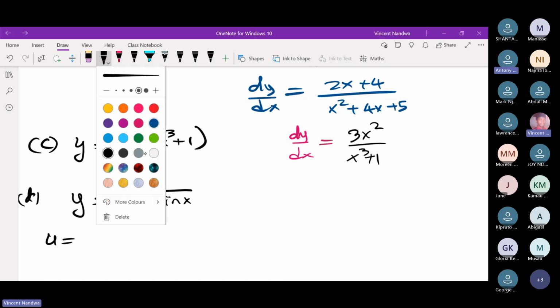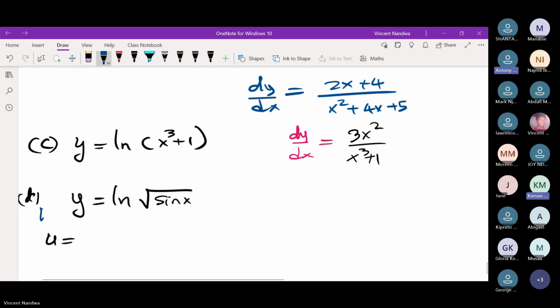We'll let u be root sin x, root of sine x.